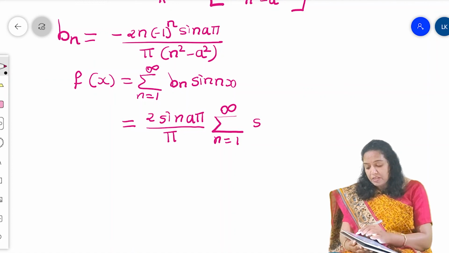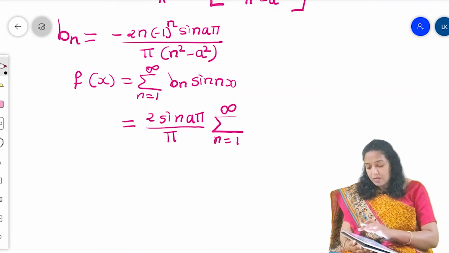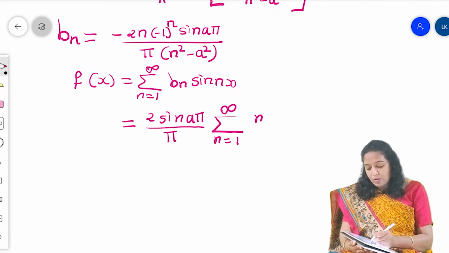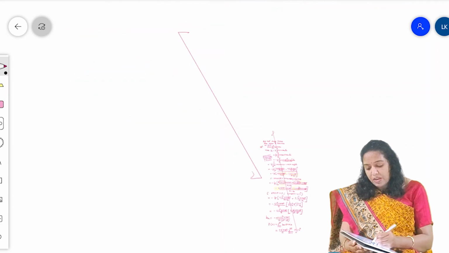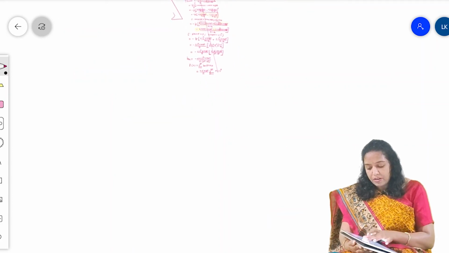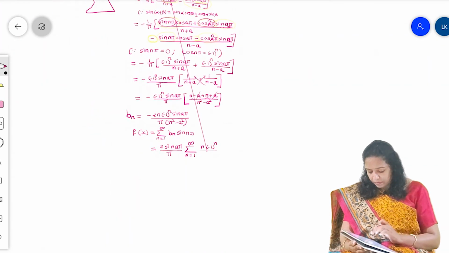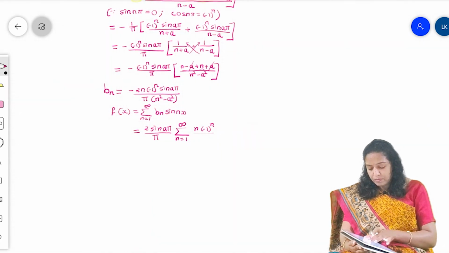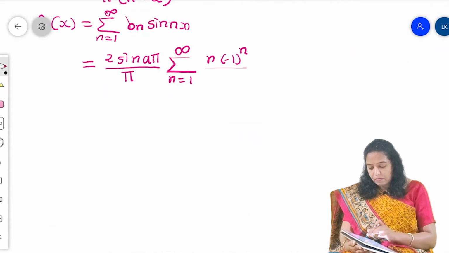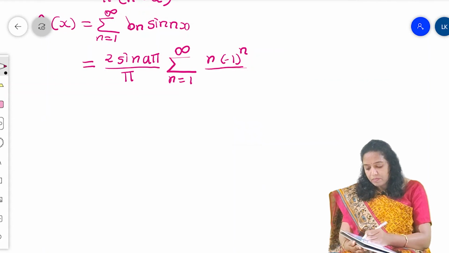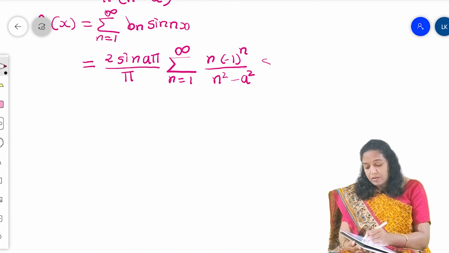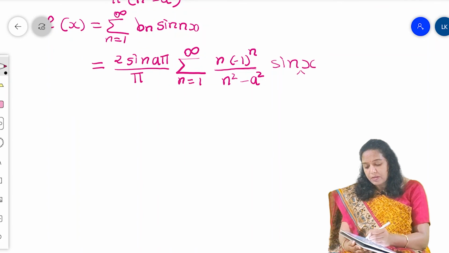In Bn the remaining term is n into minus 1 raised to n upon n square minus a square, sin nx.